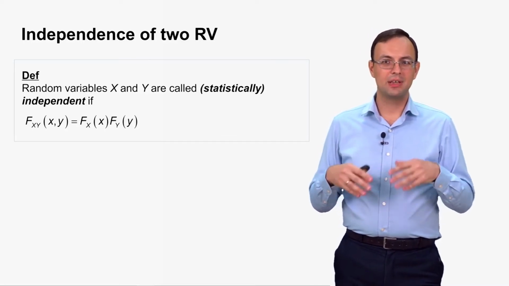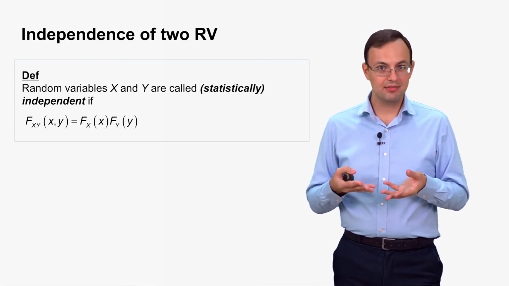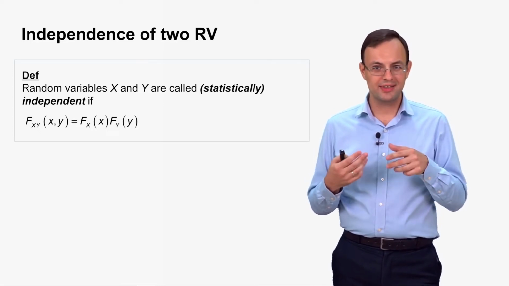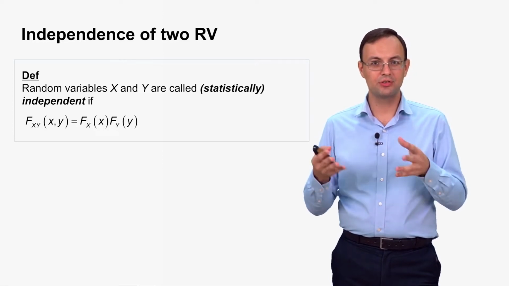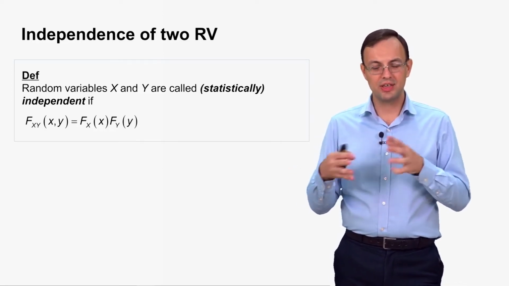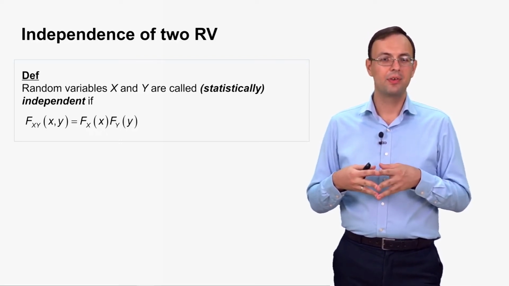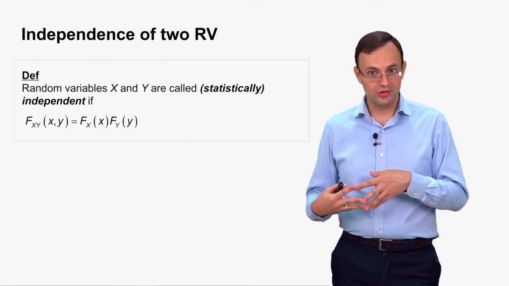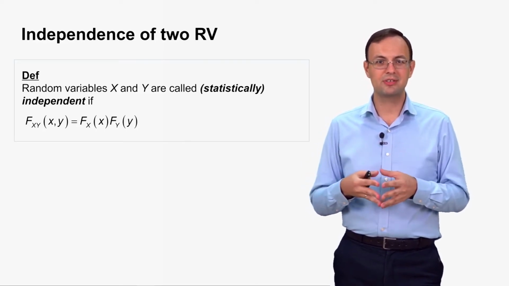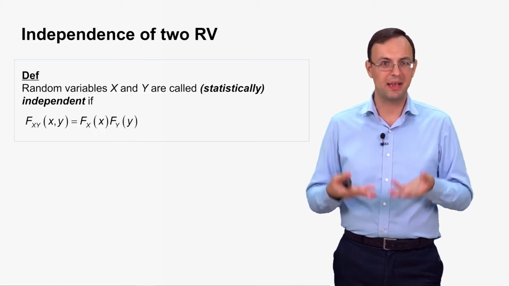So if two random variables are dependent, that means that this equality you see in this definition is not true. So if the joint CDF is equal to the product of marginal CDFs, they are independent. If the joint CDF is not equal to the product of the marginal CDFs, they are not independent, or they are statistically dependent, we can say.